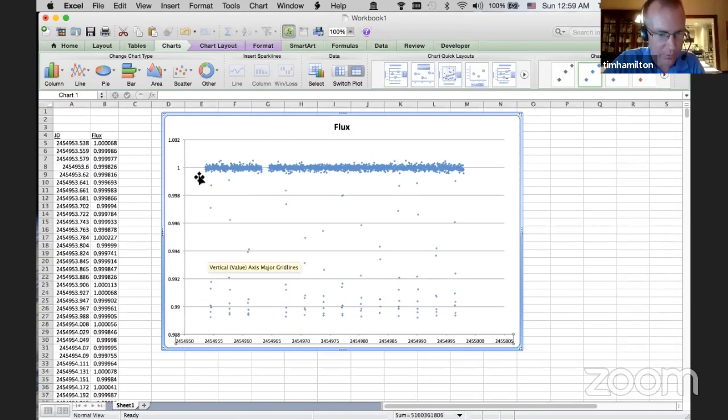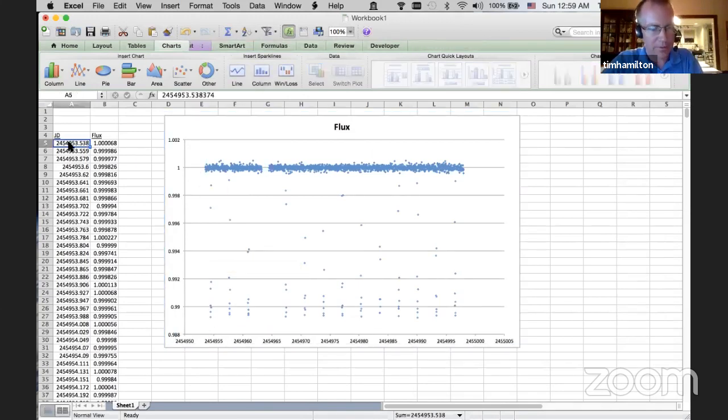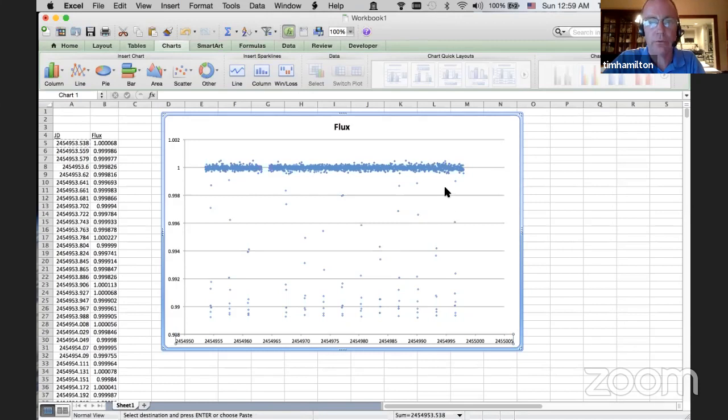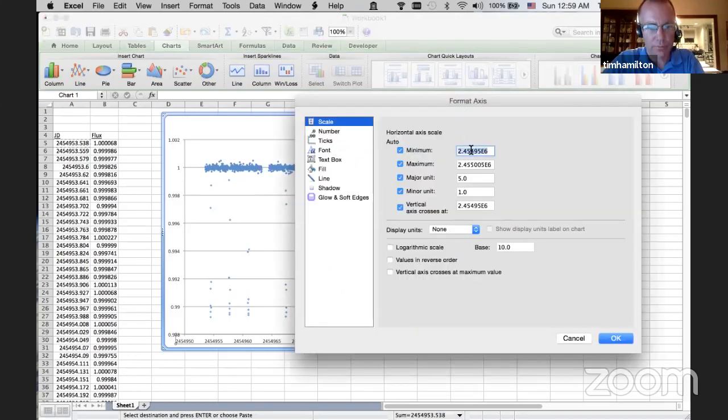Okay, let's see if I can do a better thing. I can copy that and format axis. Okay. And I'll put it 7 days later.